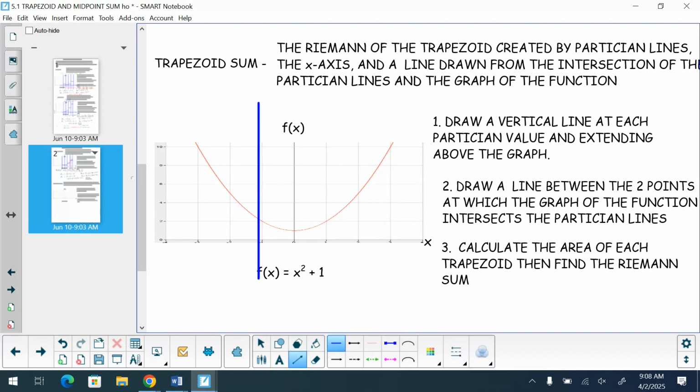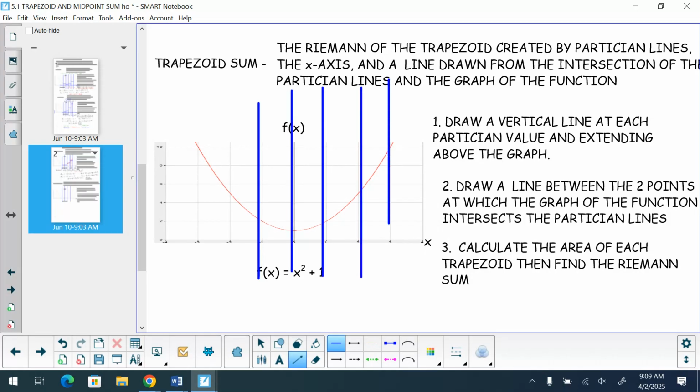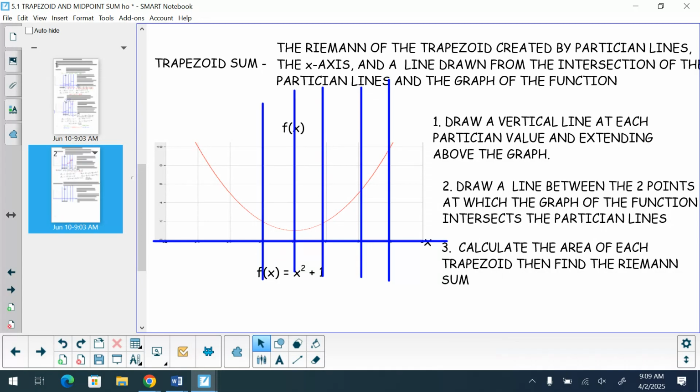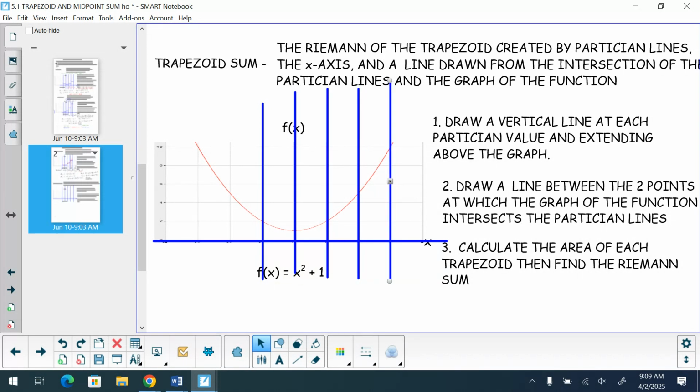Starts out the same. We've got our partition lines. We have our x-axis. Very similar to what we've been dealing with, okay?